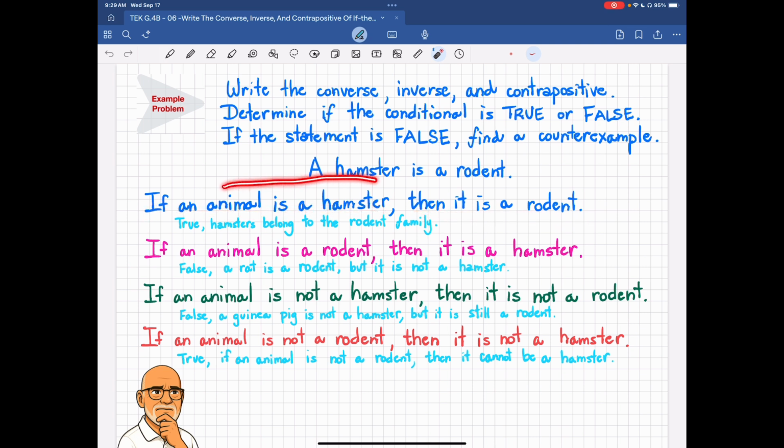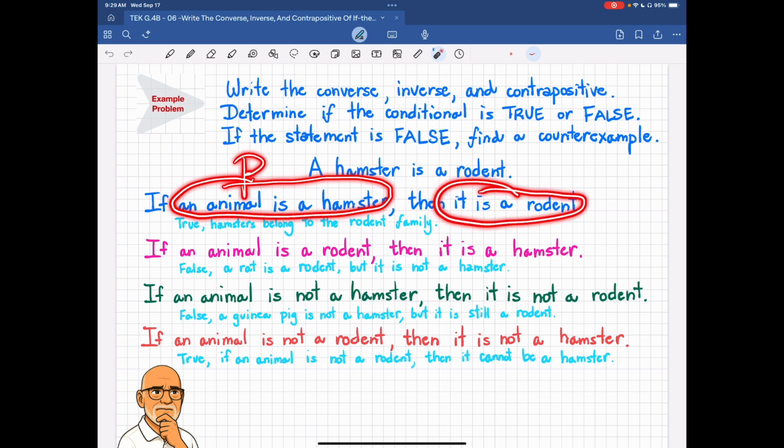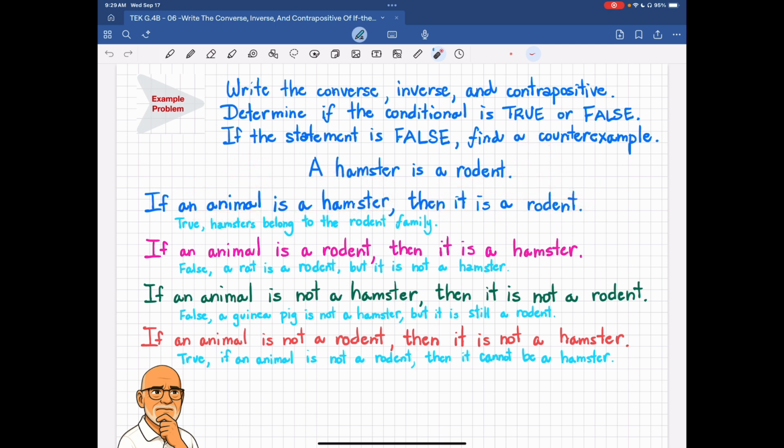So an animal is a hamster would be my P. It is a rodent is my Q. So this is my hypothesis. This is my conclusion. So if an animal is a hamster, then it's a rodent. Okay, and that's a true statement because hamsters do belong to the rodent family.